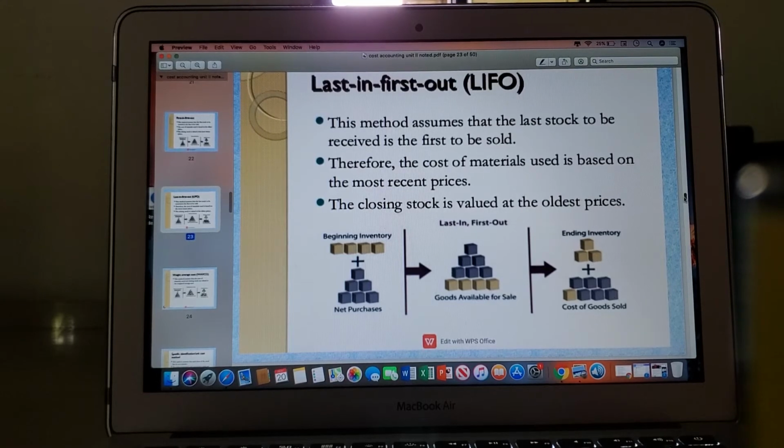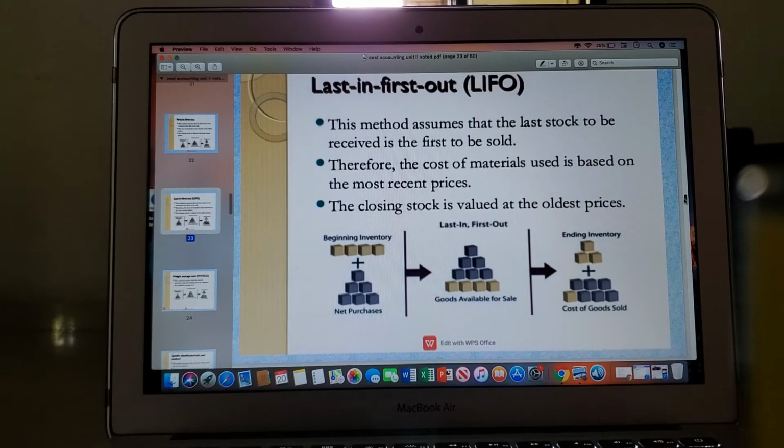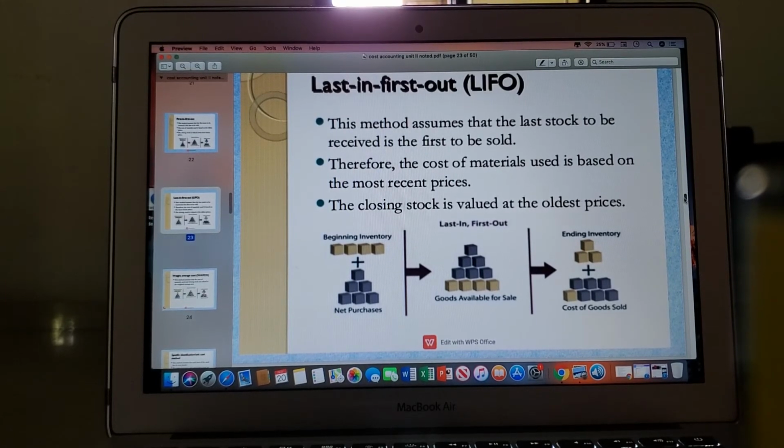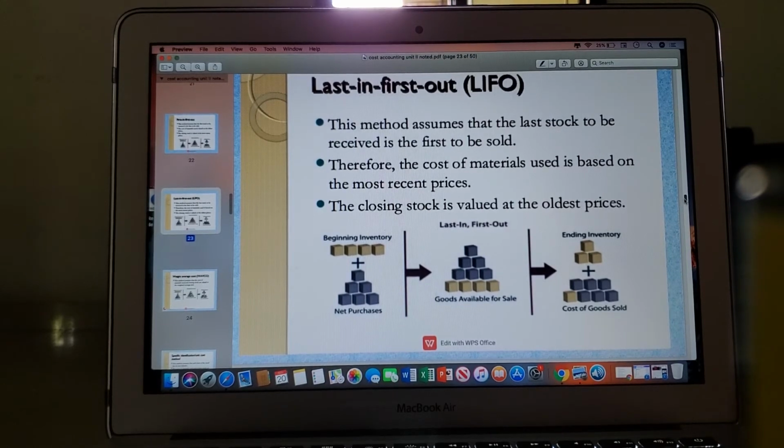This time it's different from the last method. The cost of goods sold here has only one yellow box from the beginning inventory and 6 grey boxes of goods from the net purchases. Plus, what remains is the ending inventory of 3 yellow boxes of the beginning inventory. I hope it's clear. If not, please ask your professor.